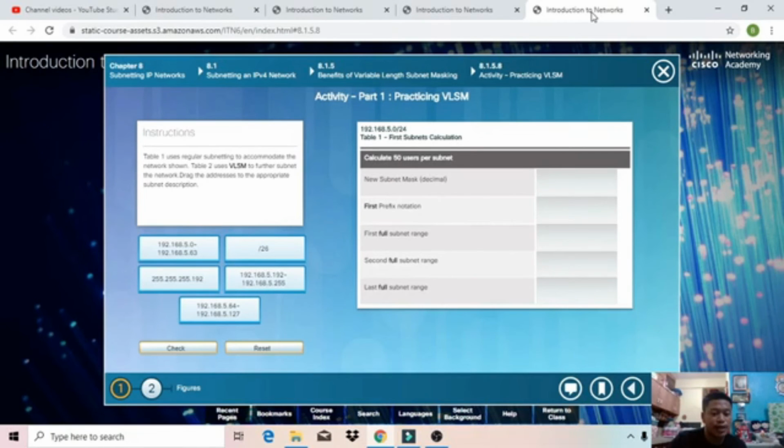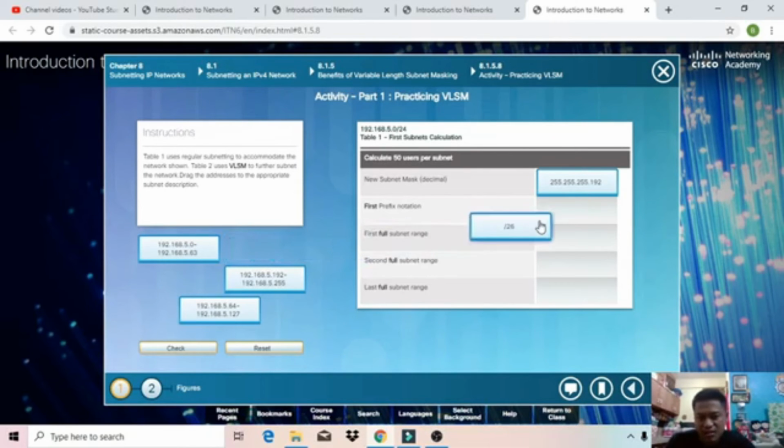Drag the addresses to the appropriate subnet description. The first is subnet mask decimal. So that is 255.255.255.192. Next is prefix notation. So that's the answer, I think.